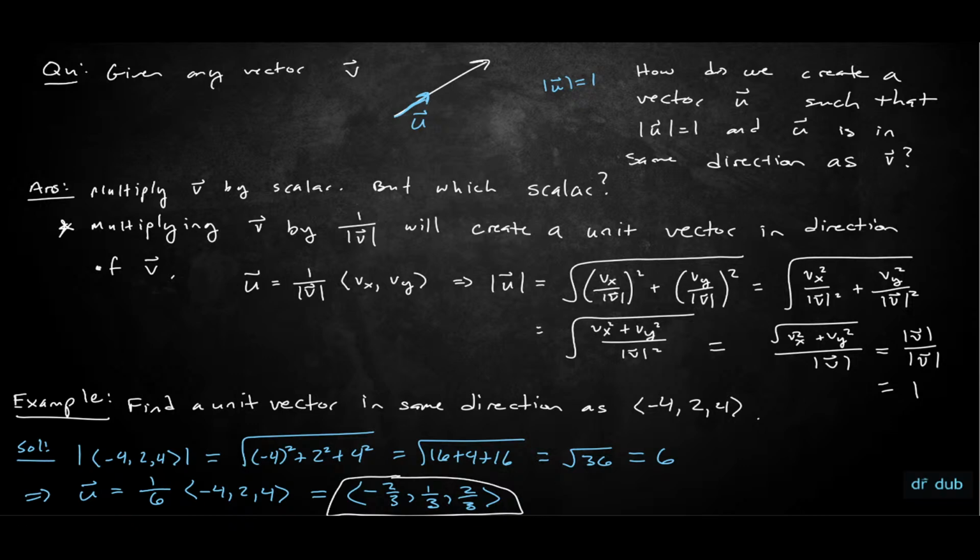So just have to multiply the vector by 1 over its magnitude. Then we have a unit vector in the direction of the original vector.